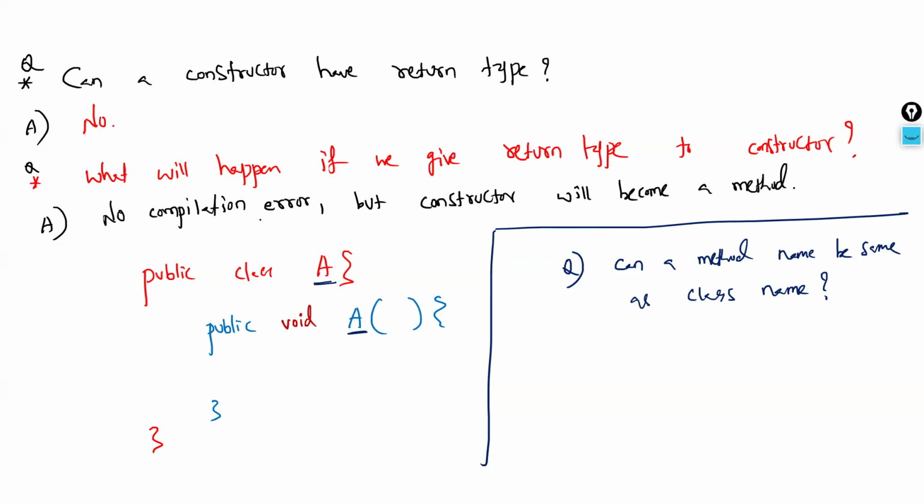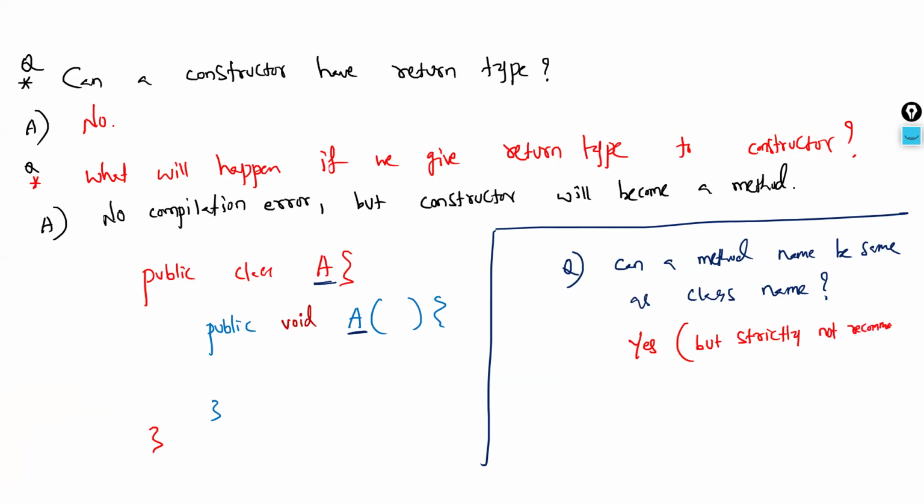Class name is specifically reserved for constructor name only. But we can take a method name the same as a class name, but that's an unprofessional way of coding. It is reserved for constructor. So just for question and answer purpose, can a method name be the same as a class name? Yes, but strictly not recommended.